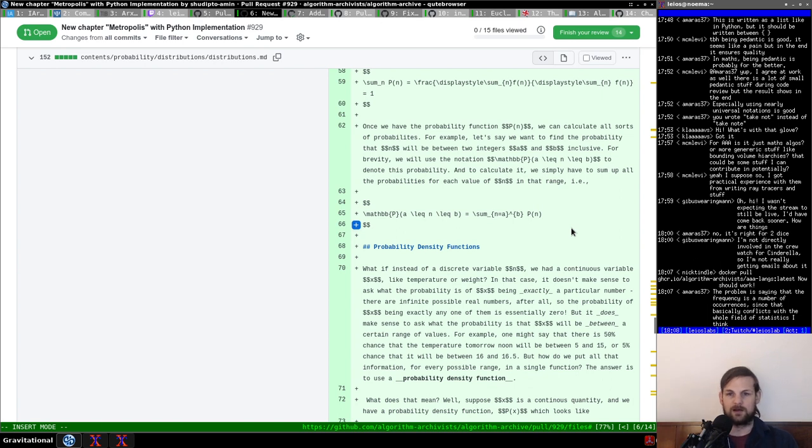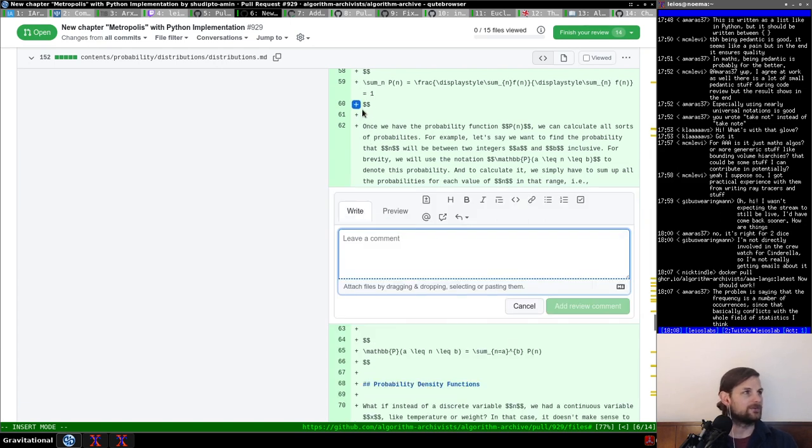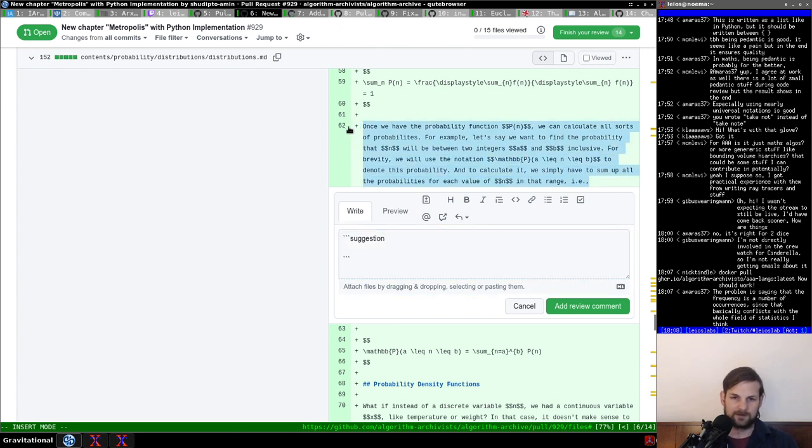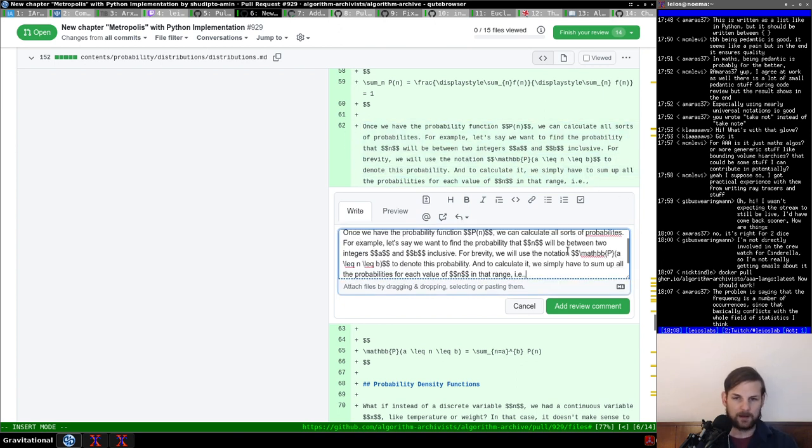For example, let's say we want to find the probability that n will be between two integers a and b inclusive. I think I just want to remove the word inclusive, but maybe I shouldn't, because I think that's just going to scare people away. Let's paste this there.